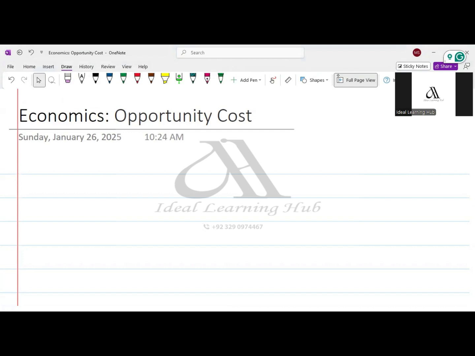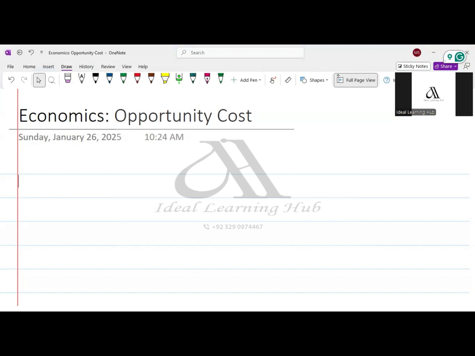Before that, let me clarify, maybe you're a student of O levels, IGCSE, GCSE, or A levels. When it comes to economics, opportunity cost is very important for all of these levels because it starts from the basic levels and goes all the way to your final A levels.